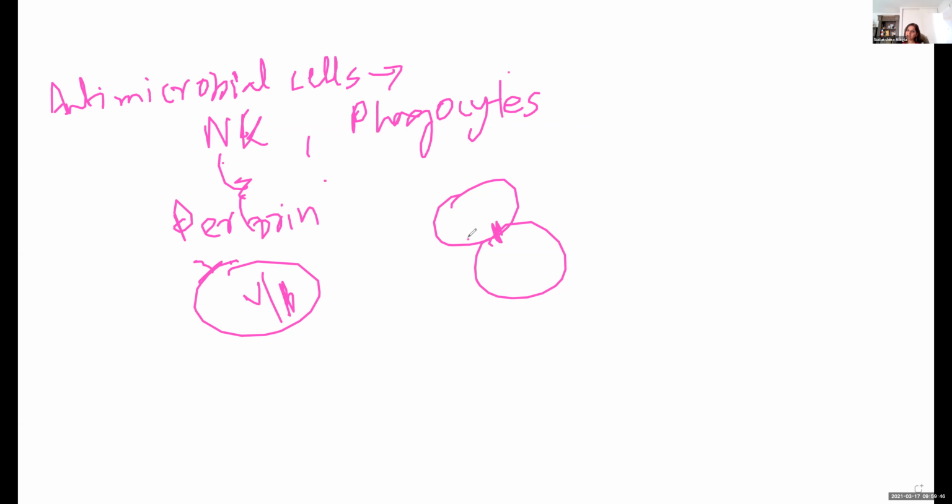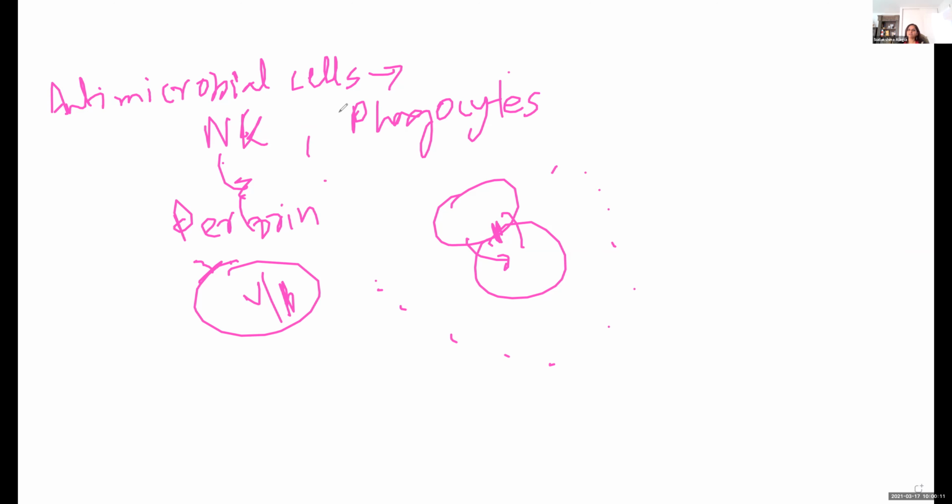Once they bind, only then do they release the perforin. So it's not like stray perforin molecules everywhere, because that could be harmful for our own body cells. Basically, the NK cell binds to the pathogenic cells and right then and there discharges the perforin. And that perforin is going to go straight into this pathogenic cell.